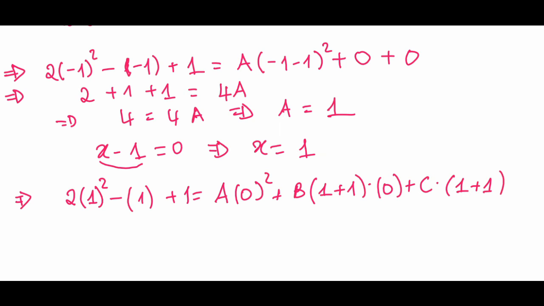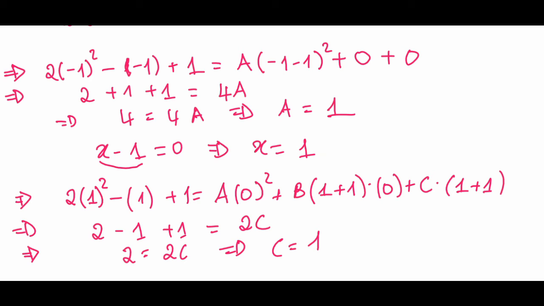Okay. Now I obtain 2 - 1 + 1 is equal to 2c. And this will give me at the end 2 is equal to 2c, and c will be 1.